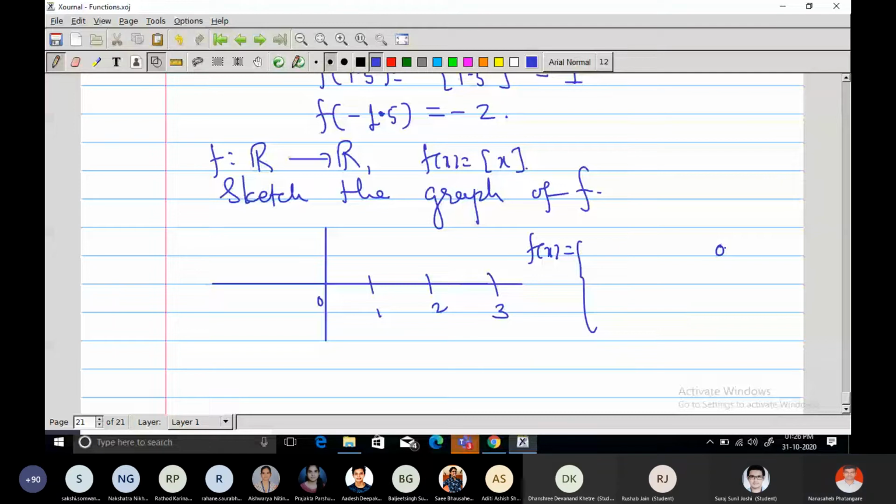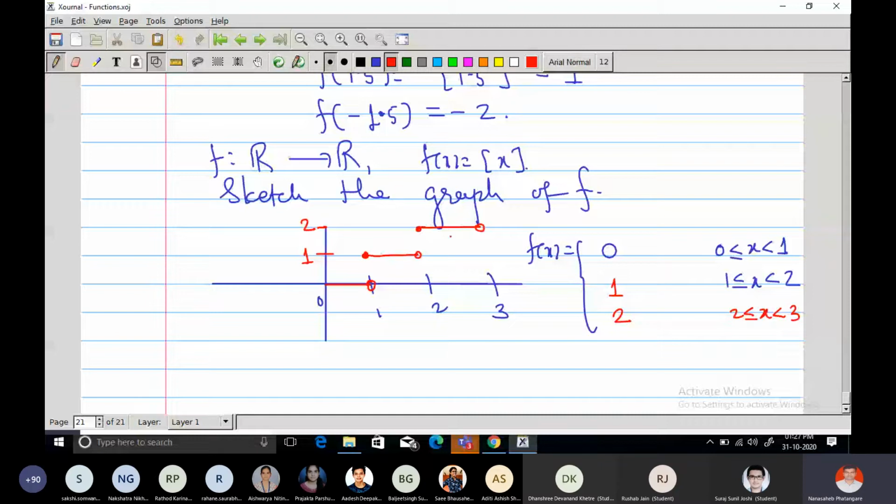Right, so here I fill the circle because the value at 1 is 1, and at 2 the value is not 1, at 2 the value is 2. So if 2 is less than or equal to x less than 3, then it is 2. At 3 the value is not 2, it is 3. So here I draw a hollow circle, meaning the value at 3 is not 2.